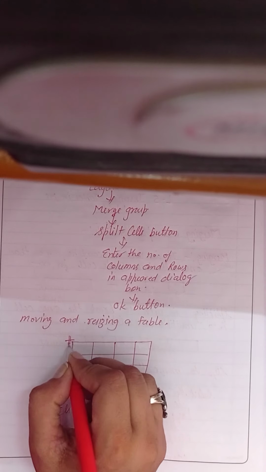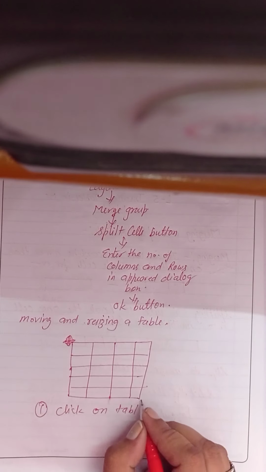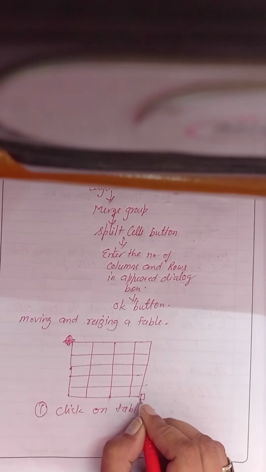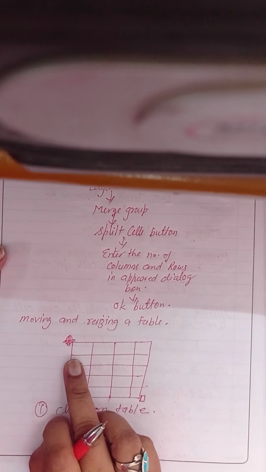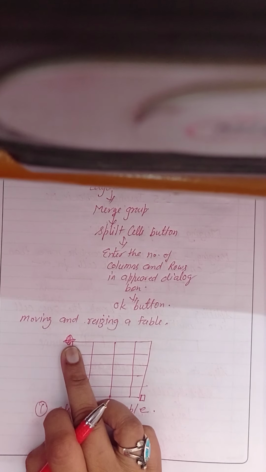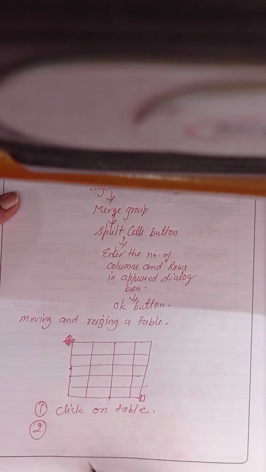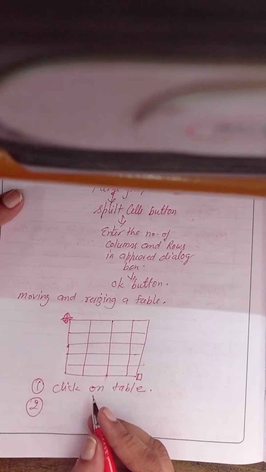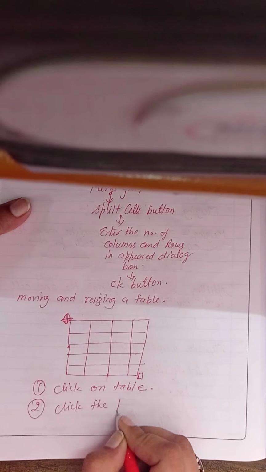Here we get this type of sign, and at the lower right corner we get the square sign. Now click on this plus sign, press the left mouse button and hold it, and drag to the desired position.